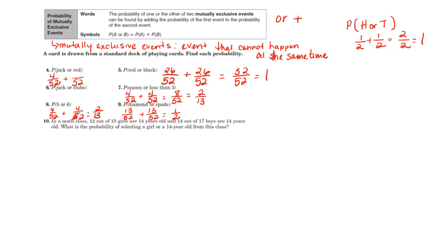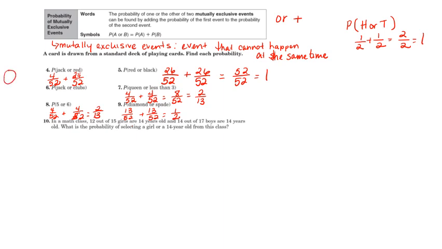Then we want to talk about the reds. So the probability of reds, first of all, there is 26 red cards in the deck. However, we've already included 2 of those reds in the count of jacks because there's a diamond and then there's a heart. So we're going to have 24 left. Okay? All right, so I think about it kind of like a Venn diagram.